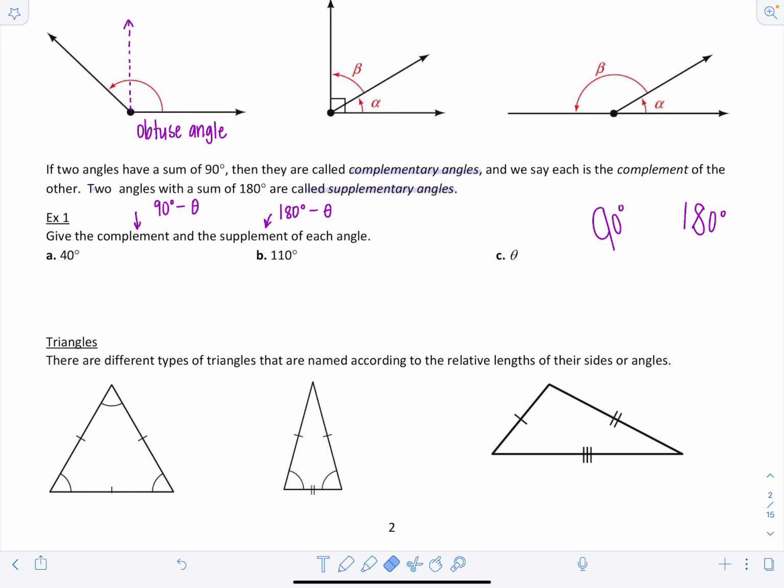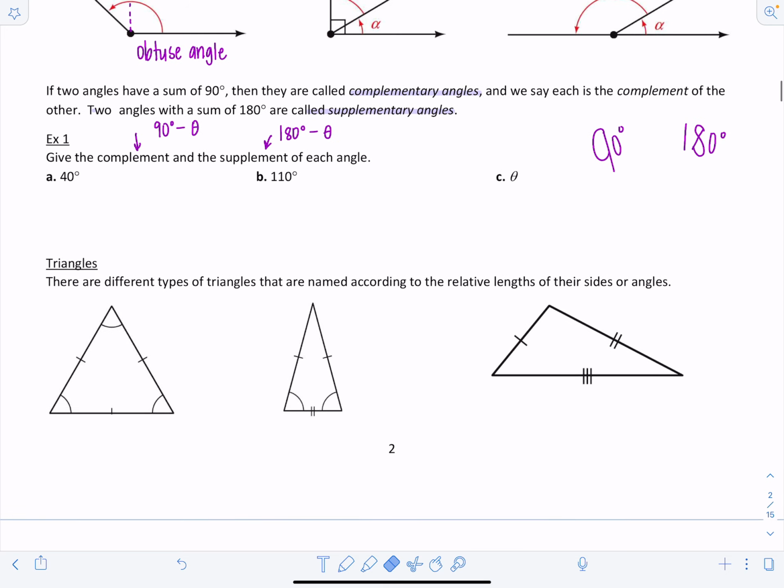So for 40 degrees, let's get the complement of 40 degrees. The complement would be 90 minus 40, which is 50 degrees. Notice I'm writing degrees for every single step. And the supplement would be 180 minus 40 degrees, which is 140 degrees.